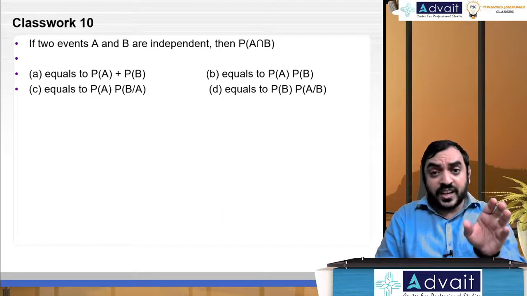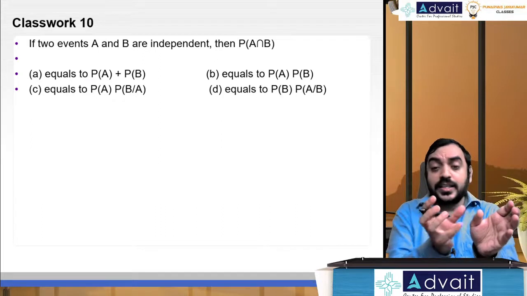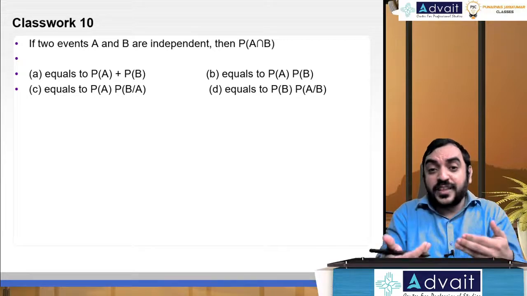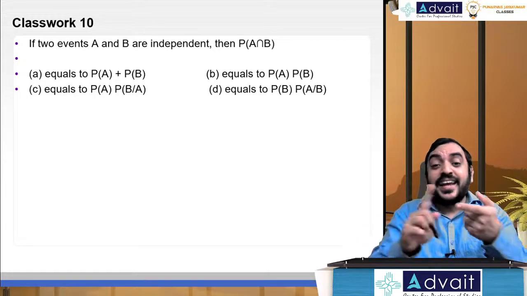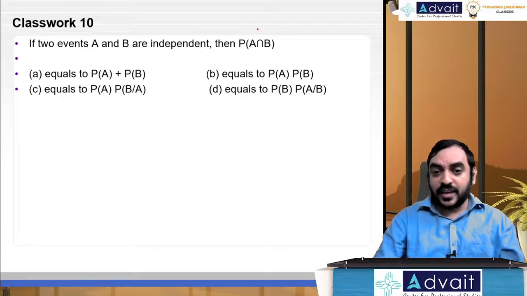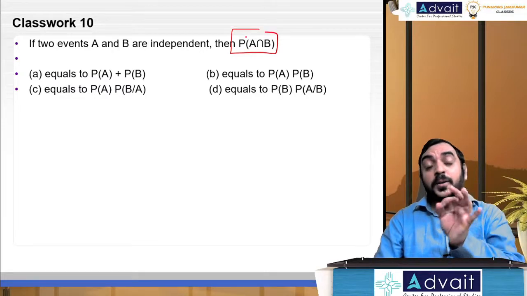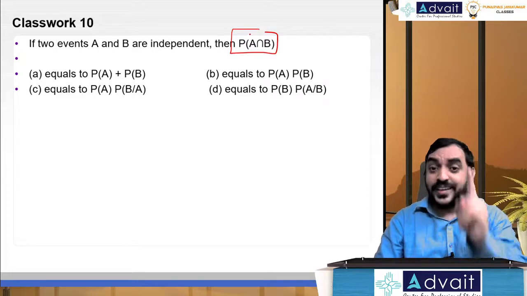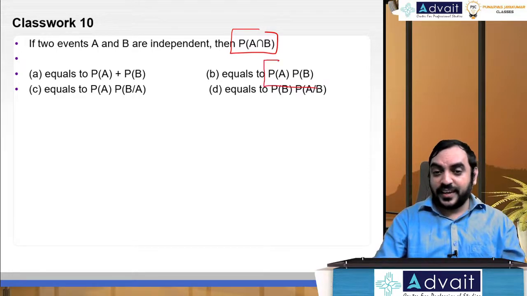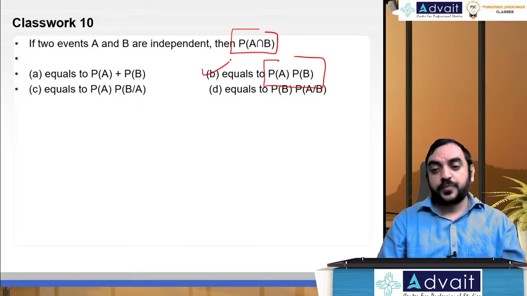If one event can be done in m ways and another event can be done in n ways, then both of them can be done in m into n ways. So the intersection can be calculated by multiplication for independent events. So probability of A into probability of B, option B.